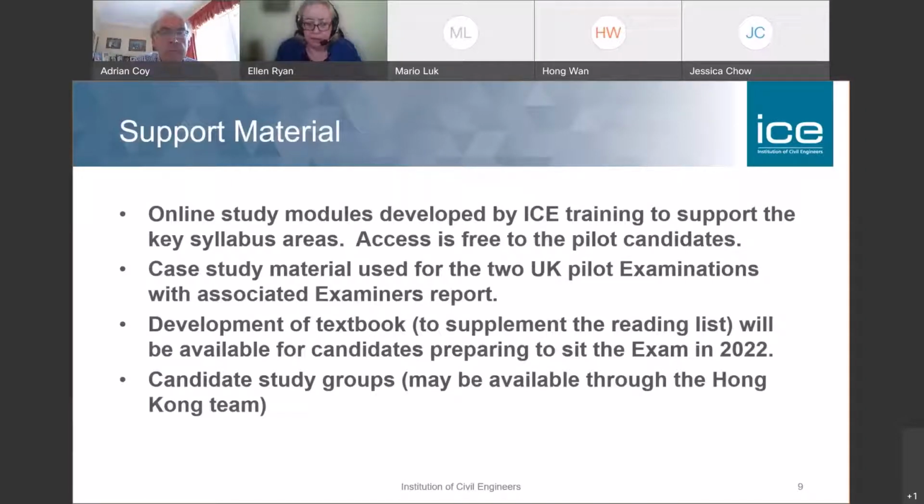There may also be an opportunity for the Hong Kong team, Jessica and Hong and colleagues, to put in place candidate study groups, to allow you to come together to talk through the exam syllabus areas and potentially look at answering some of the previous case study exam questions to give you a feel for how the exam will operate.